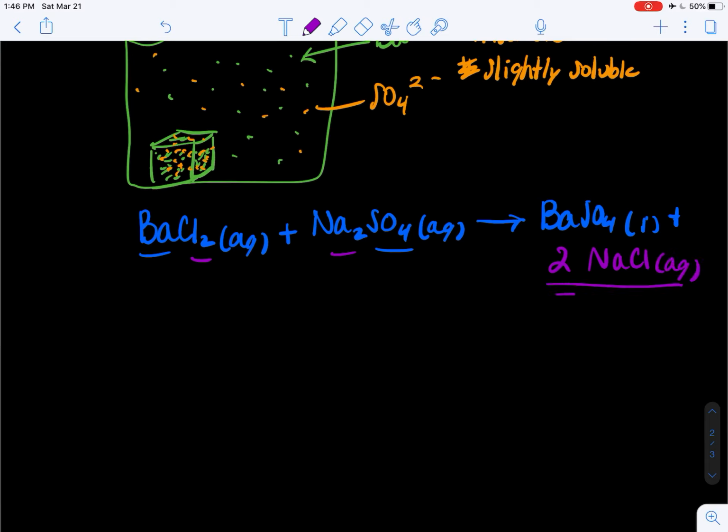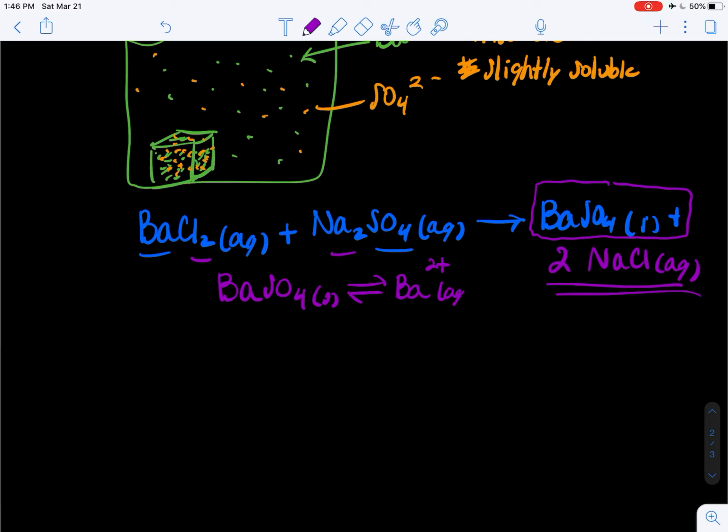So normally we think of sodium chloride as being soluble, right? And we think of barium sulfate as being the substance that precipitates. But we now want to consider that barium sulfate is ever so slightly soluble, and some of that will be in equilibrium with very small amounts of ions, barium and sulfate.